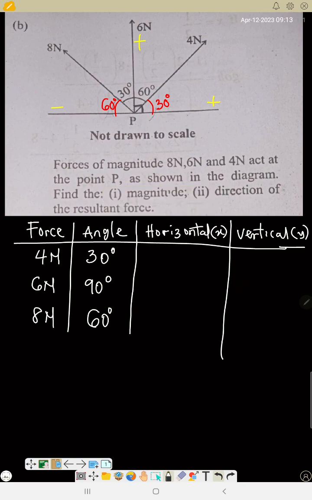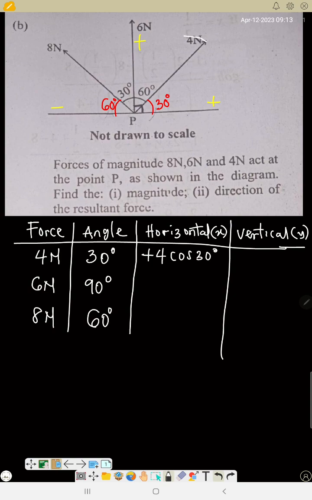So for horizontal, that will be for 4 Newton. If you resolve to the horizontal it is plus, as in just drag it this way, the way you see the arrow to the horizontal, that is plus. So that is plus 4 cos 30 degree.